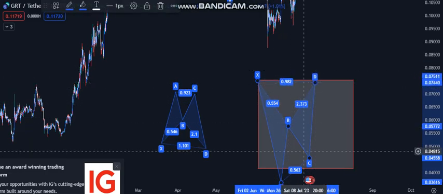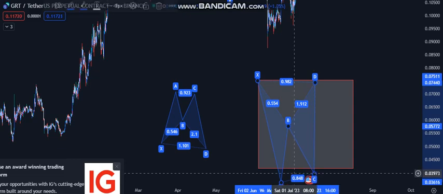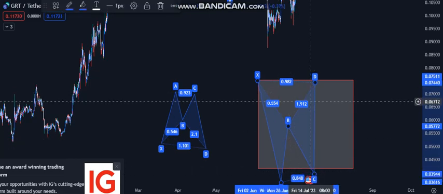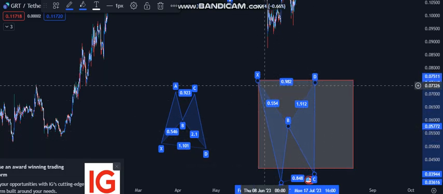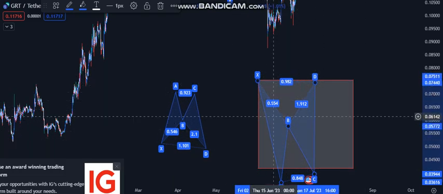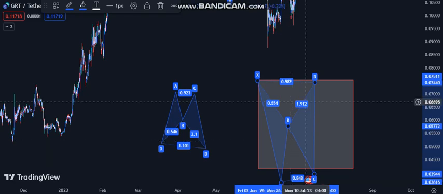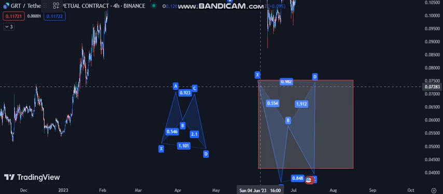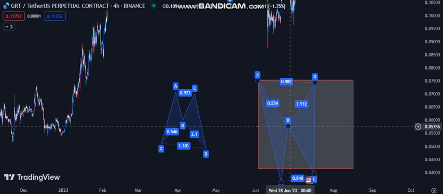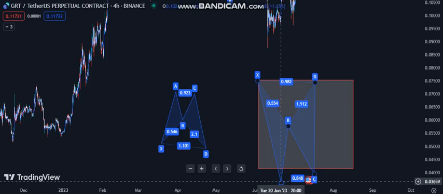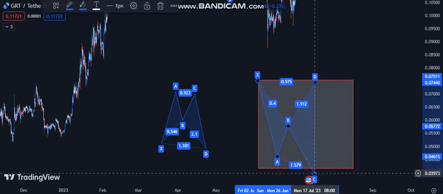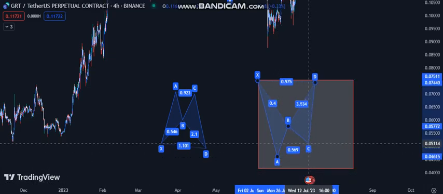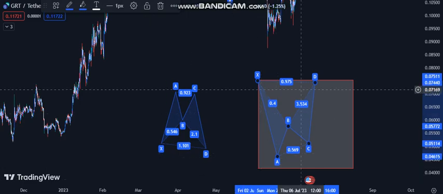I have extended a lot, so the chances would be extended because of the A extension, so it would be internal, because the harmonic pattern gets invalidated when you, as a price action trader, let's say, let me make a good looking one.